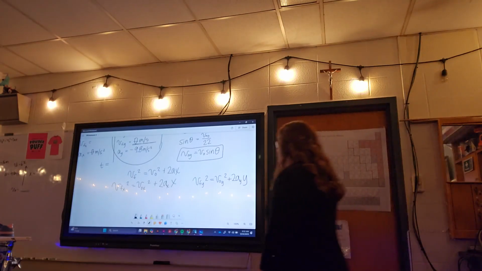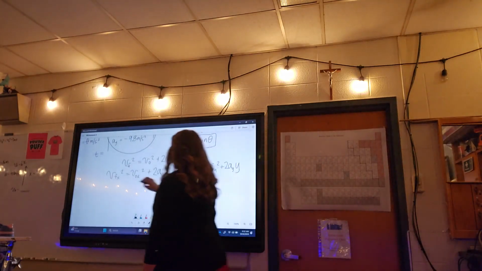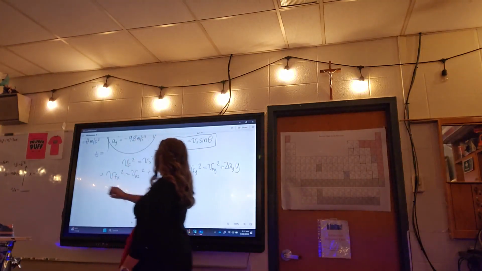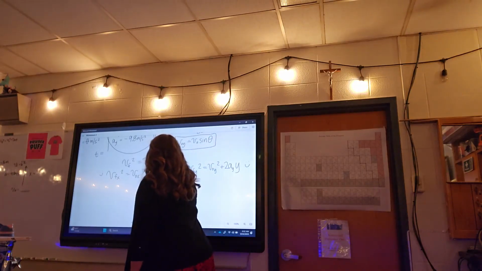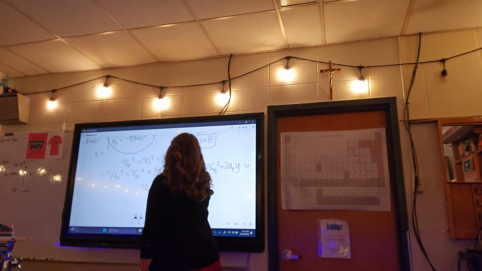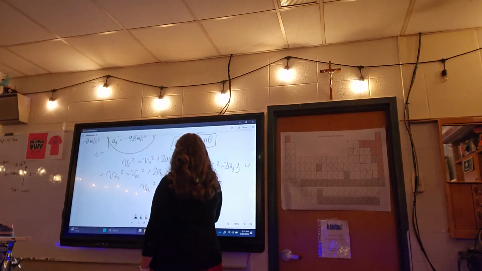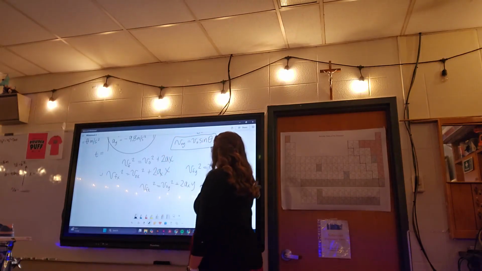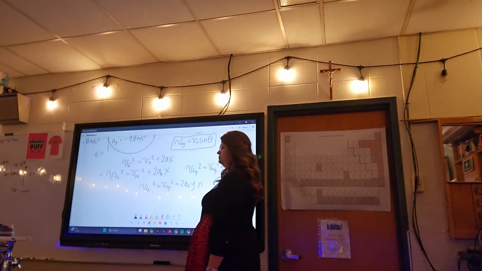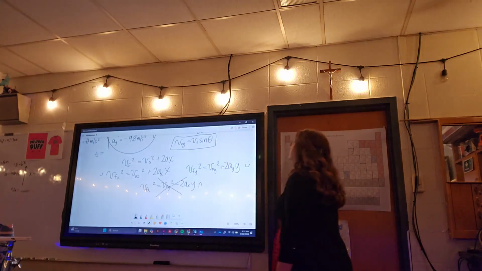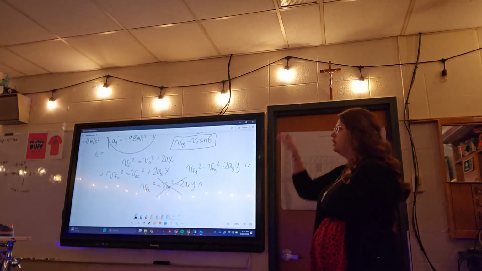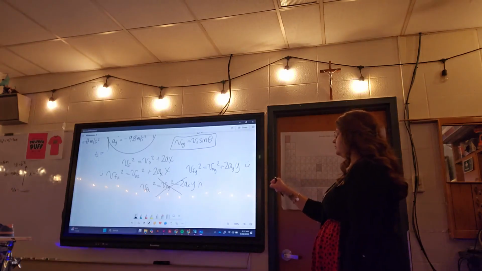What you cannot do, so this is good, this is good, what you cannot do is intermingle. That's very bad. So don't be doing that. Stay in one column of your data table.